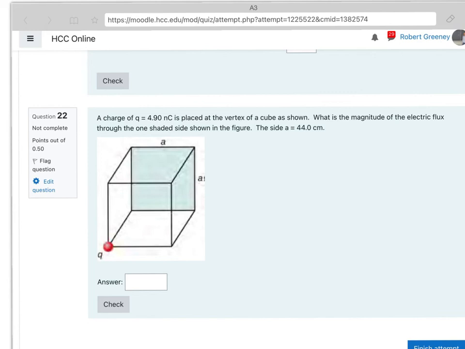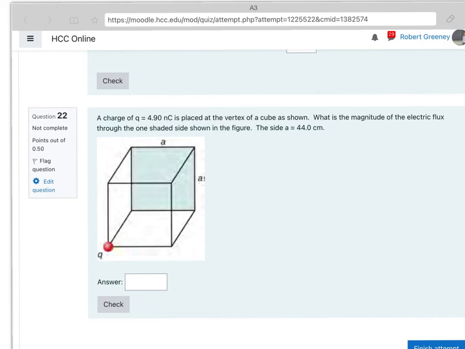And then you can make the assumption that all the electric flux, the Q inside over epsilon naught, passes out, if you can get the symmetry, equally through every cube. By symmetry, it'll pass equally through every cube.